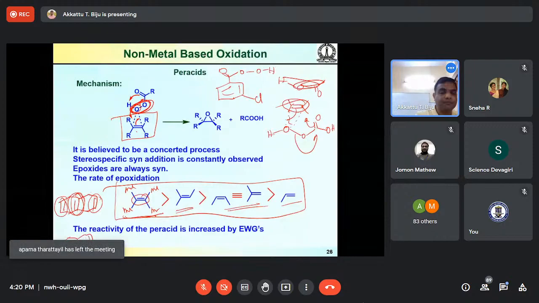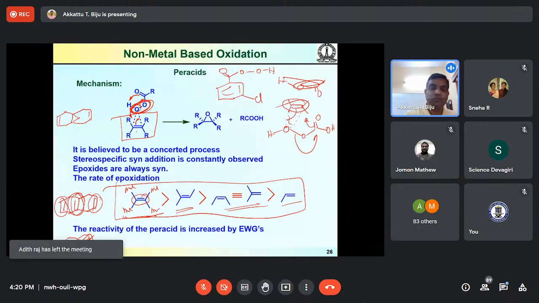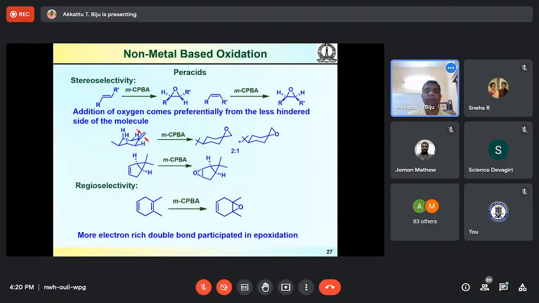The terminal double bonds are unaffected, and this will be the product formed. According to the electronic nature of the olefin, the selective epoxidation will happen.